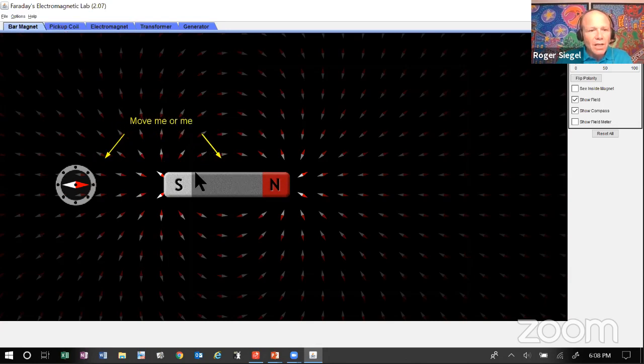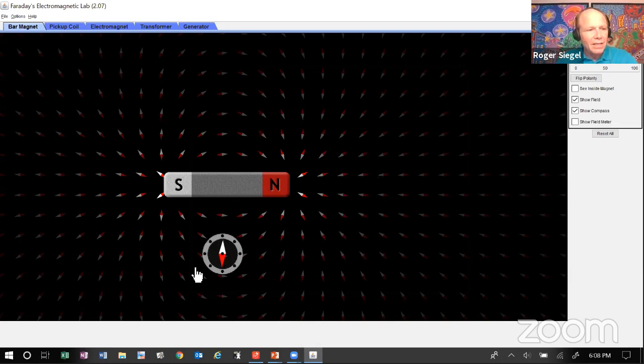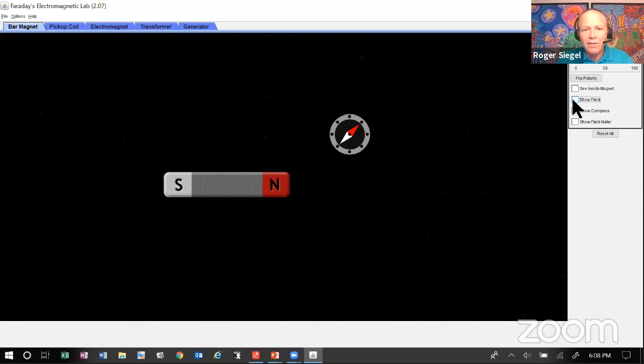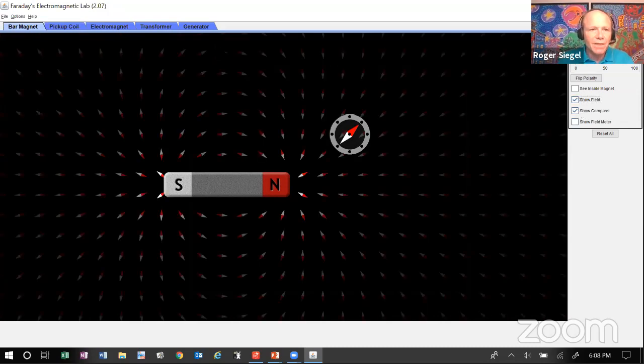And so this shows us an animation of a magnet, and you can see that we've got the compass. But what this simulation allows me to really do is to see the magnetic field. And so I can see the field. You see, I can turn it off. Magnetic fields, of course, are invisible, but this allows me to see that magnetic field, okay?